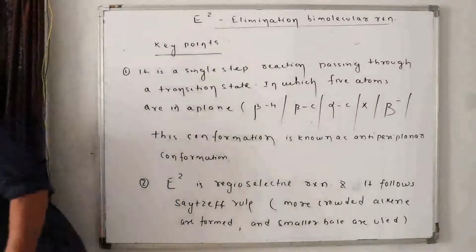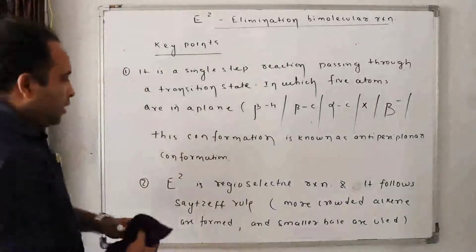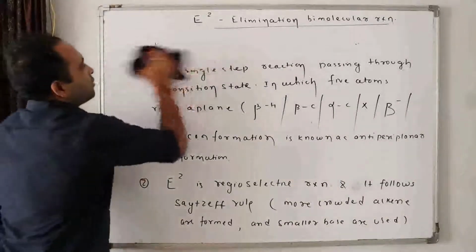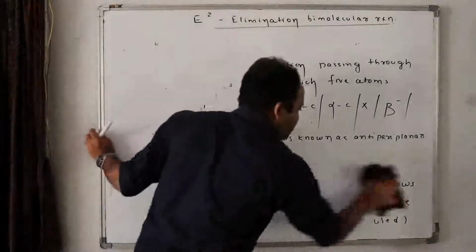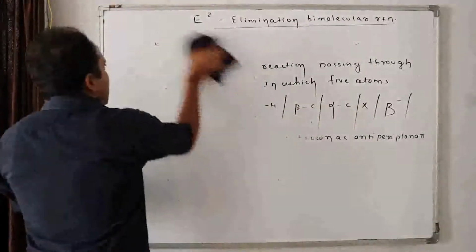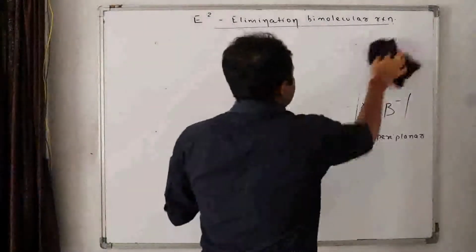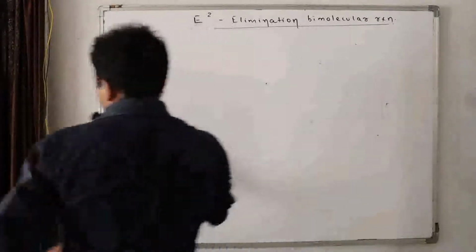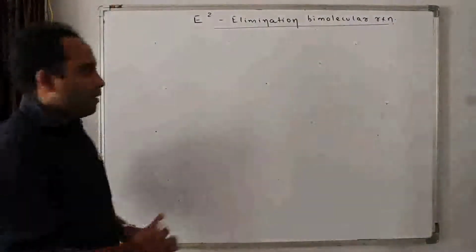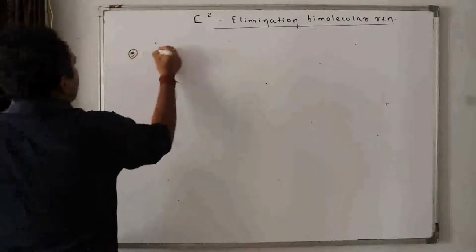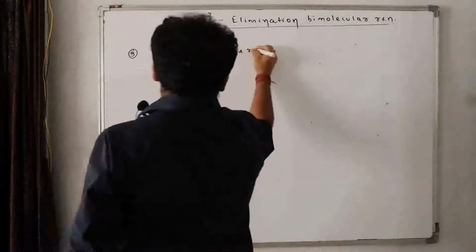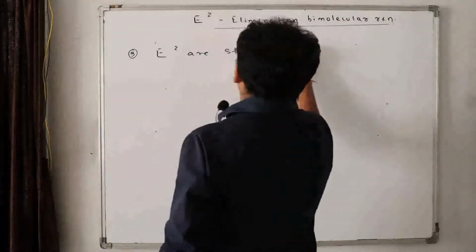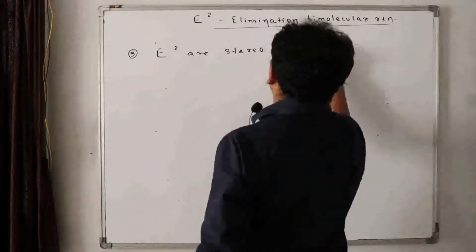Next key point. What is that? E2 reactions are also stereospecific. Listen carefully. What is stereospecific? Third point, E2 reactions are stereospecific.